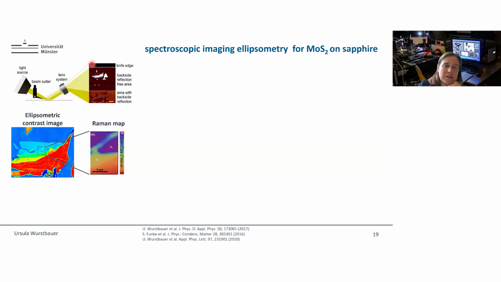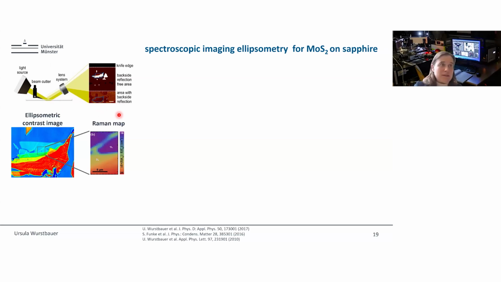So here you see the image knife edge. That's the backside-reflection-free area, exactly where the flake is displayed. And here you see an area with backside reflection, which is quite useful, where we would have really trouble in standard ellipsometry, because if you use this substrate with backside reflections, it would be more or less impossible to get reliable data.